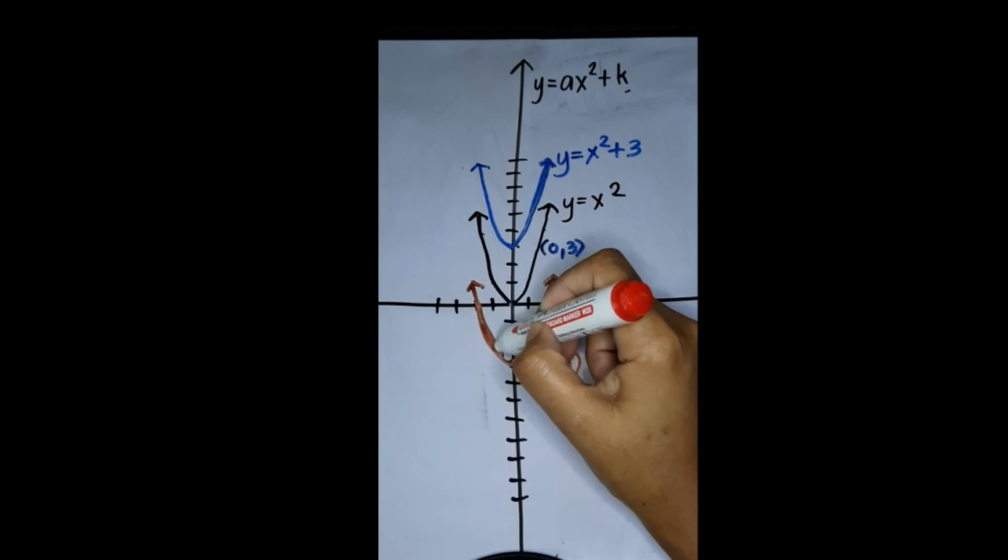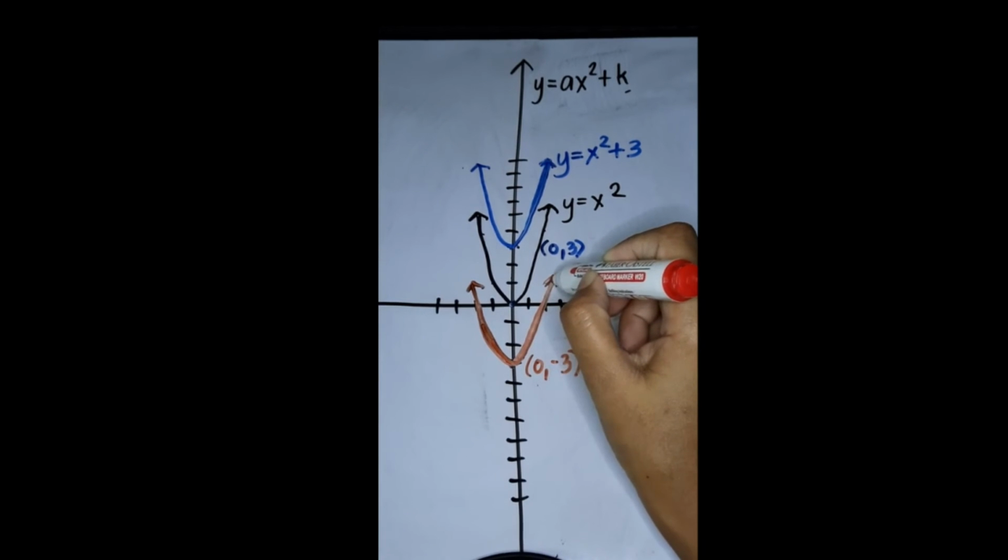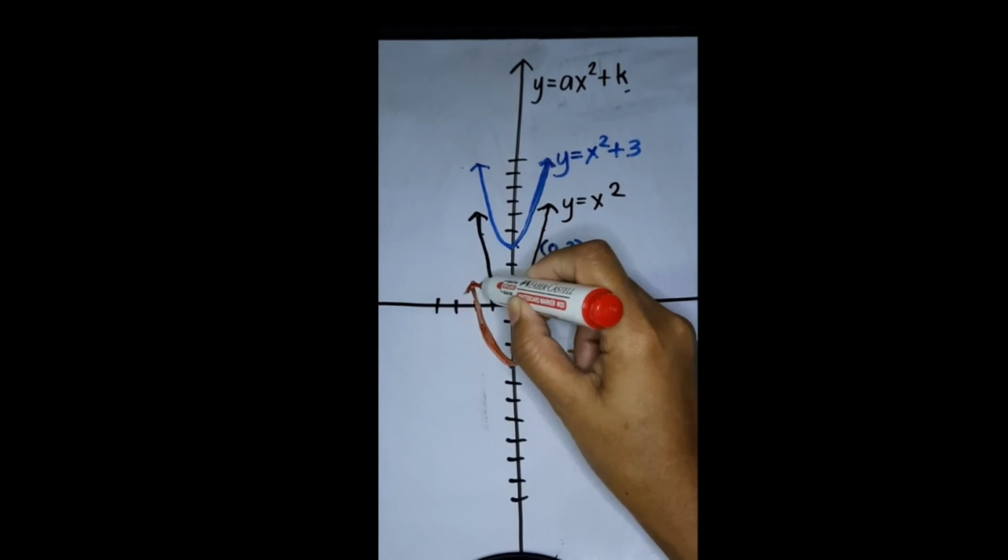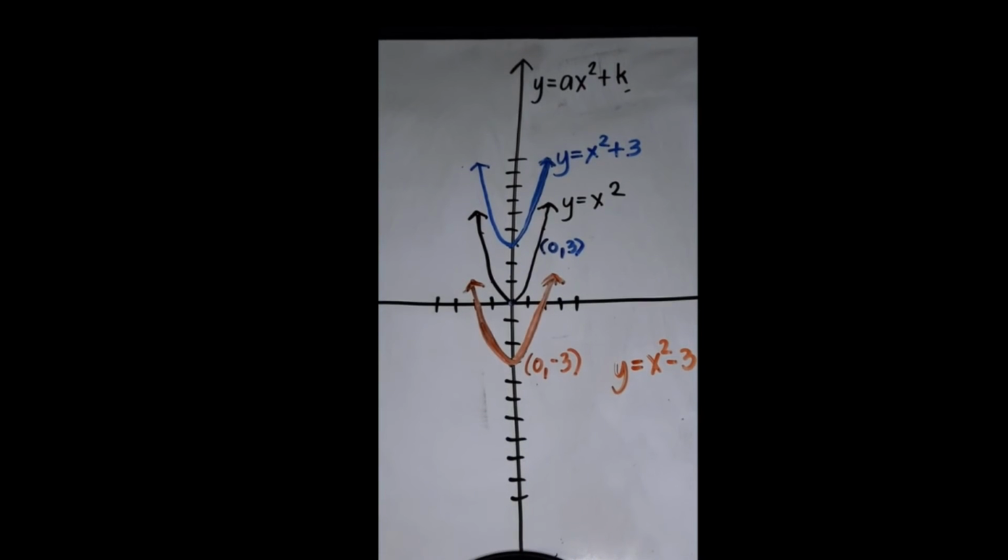So most likely, yung graph natin will look like this one. Okay? So take note, for y is equal to ax squared plus k, the movement of our graph is either upwards or downward.